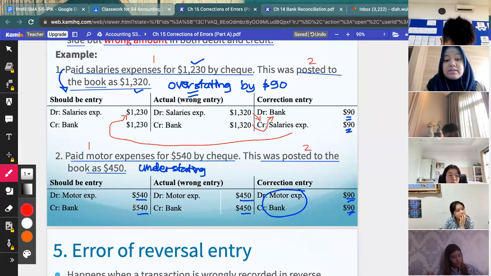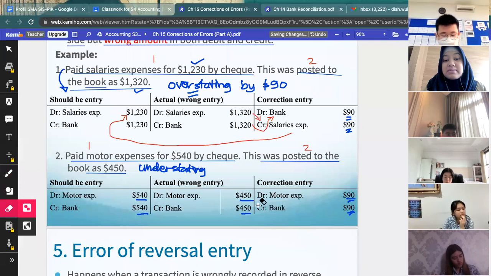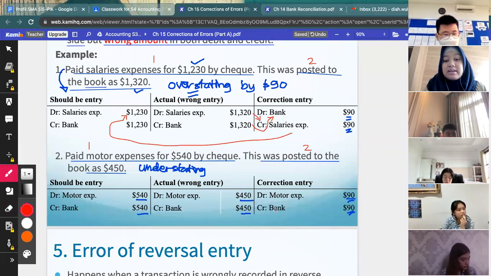When you are in the understating case, you just have to make the same entry, motor expenses and bank, and then you add the difference amount. 450 is lower by 90 than it's supposed to be.